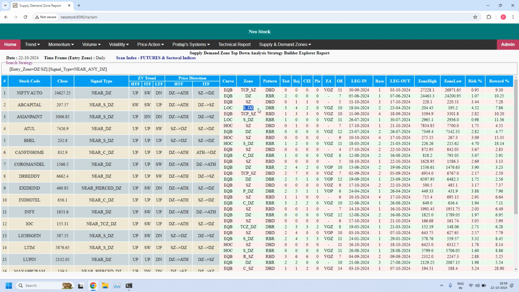ABC Capital. Next one is Asian Paints. The next one is BHEL. Next one is Canara Bank Finance Home, Canfin Home. Next one is Indian Hotels.